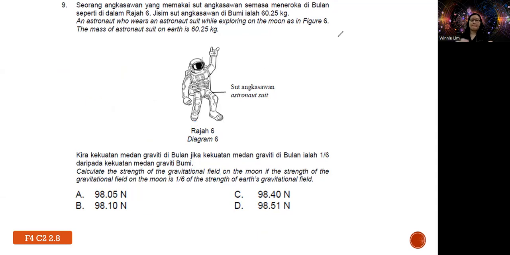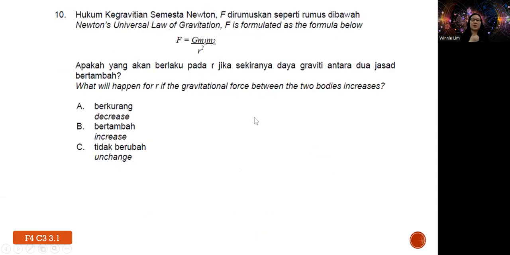Okay, next question 10 is from gravitation. Newton's law of gravitation is formulated as the formula below. What will happen to r if the gravitational force between the bodies increases? So they want to ask you what is the effect on r if the force increases.